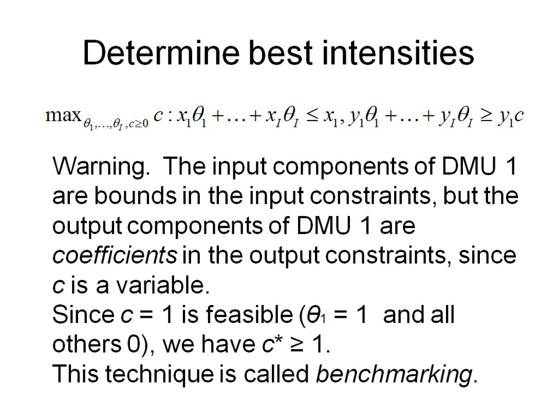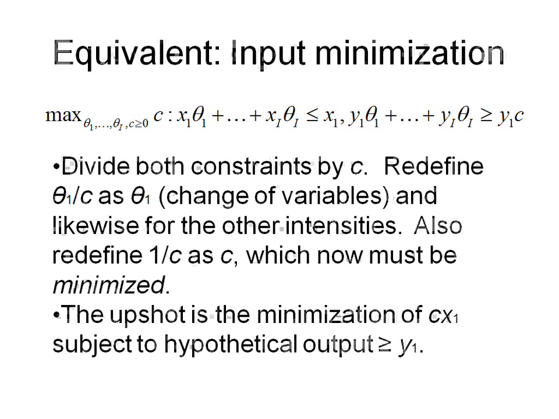So those are the competing firms which firm 1 better takes a close look at. If you were a CEO of firm 1, you would dispatch your managers on an internship at the firms where the intensities are positive. And where the intensities are 0, you can forget about them.